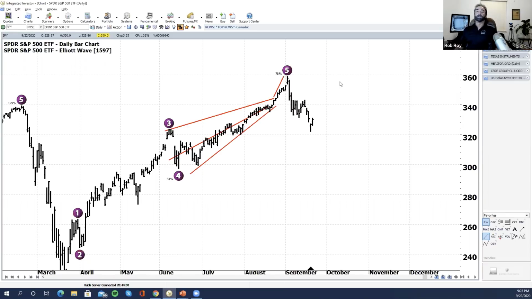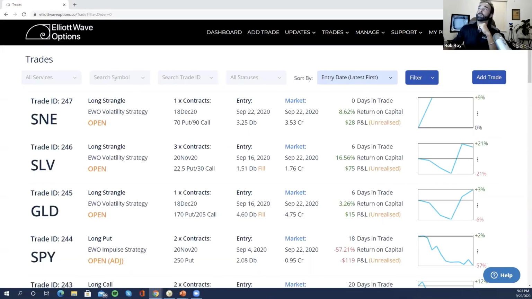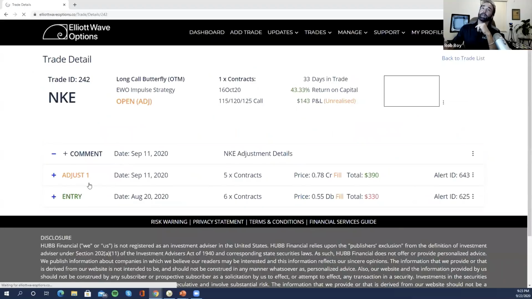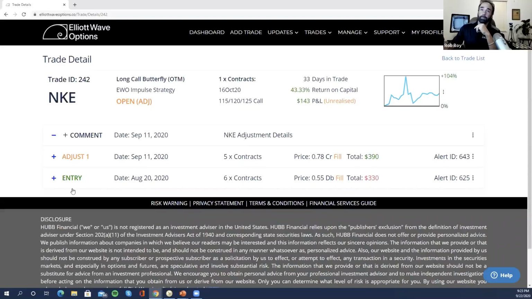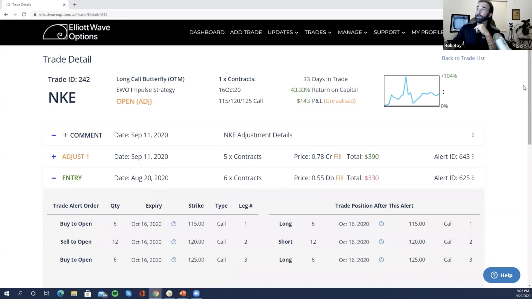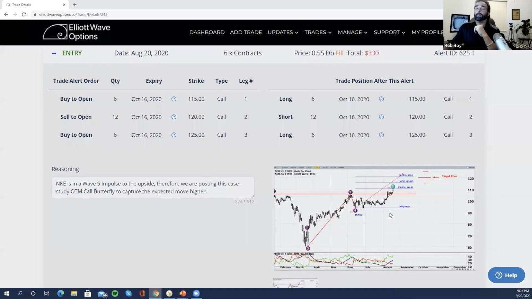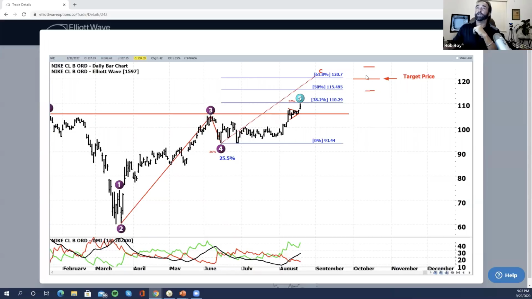In fact, I wanted to go to the website now and revisit this one, which is the alert that we have on Nike. So taking a look at Nike, where we sent out the original butterfly, out of money butterfly, which you guys have asked so many questions about, where we make the butterfly directional by placing it out of the money, using Elliott wave to determine where we're going to go, because the primary question when you're placing an out of the money butterfly is where are the wings going to be?